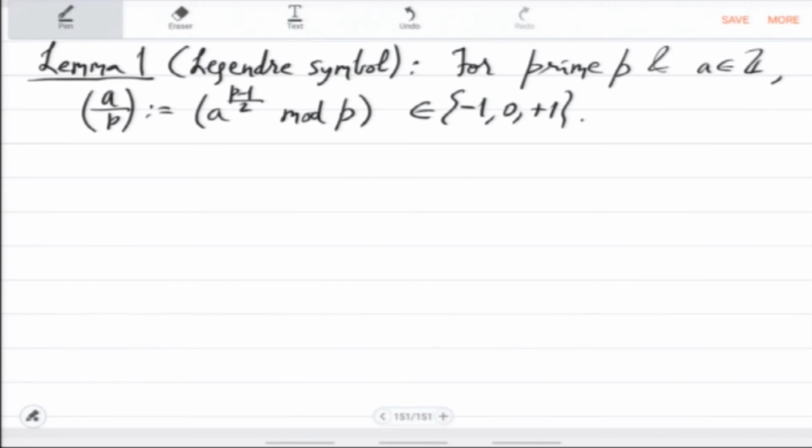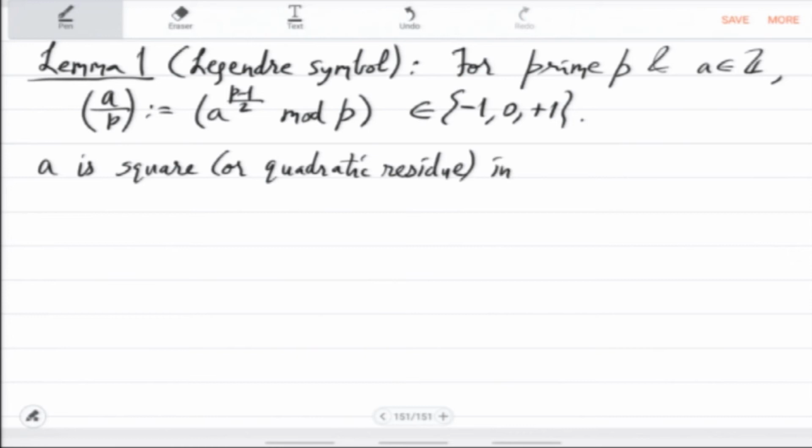And the property is that A is a square or quadratic residue in Fp star if and only if A by p is 1.